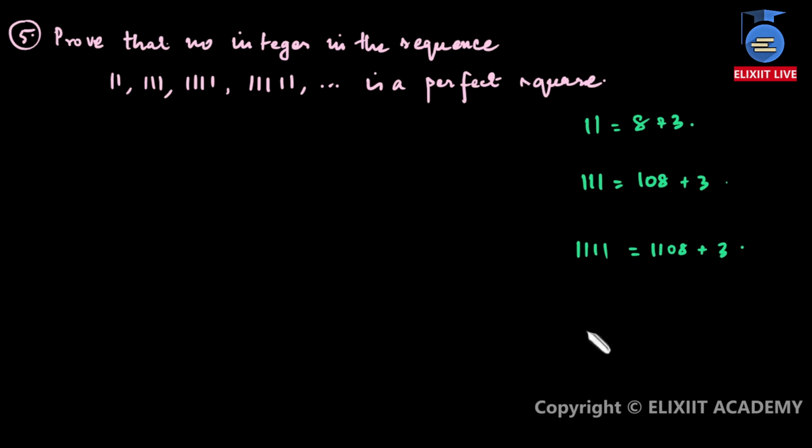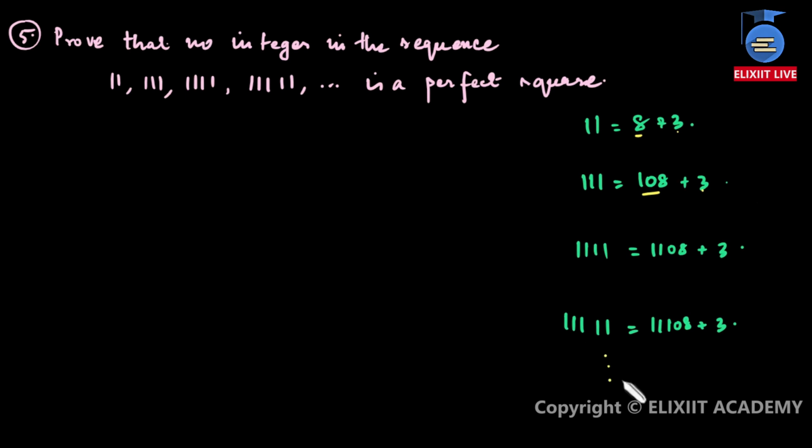Same thing goes for the next one, 11111, which is 11,108 plus 3. So every time you see one pattern: 8 plus 3, 108 plus 3, 1108 plus 3, 11,108 plus 3 and so on.